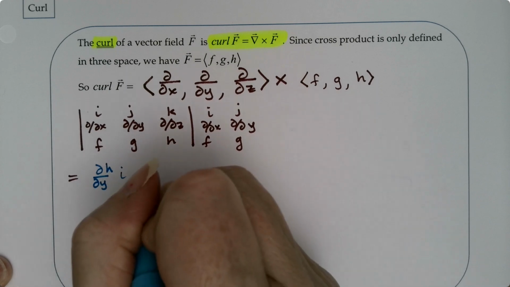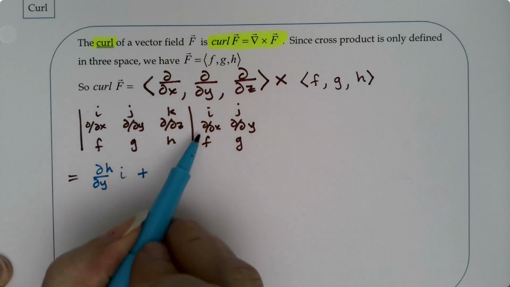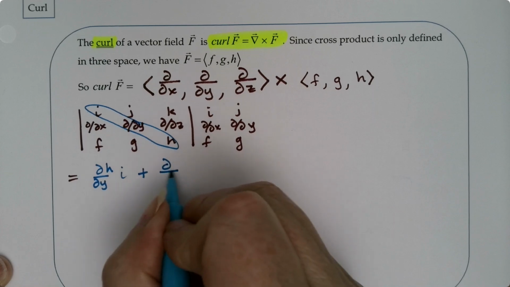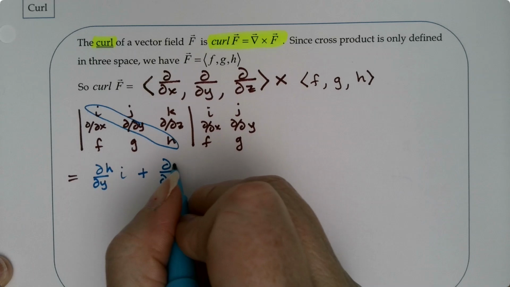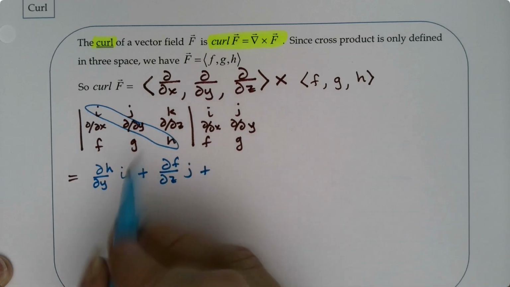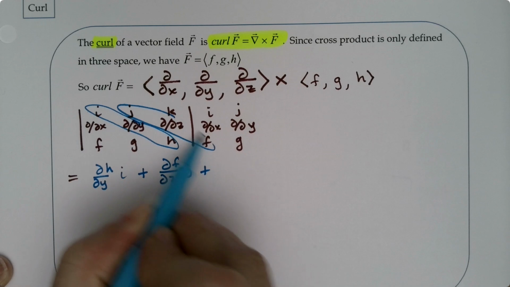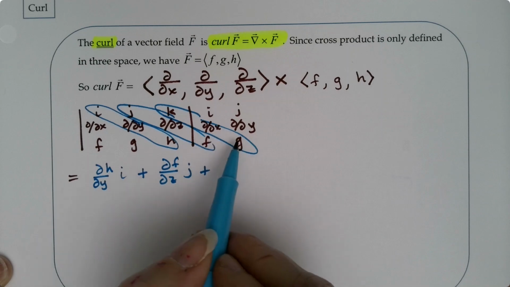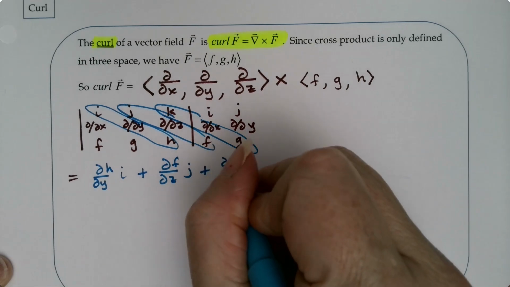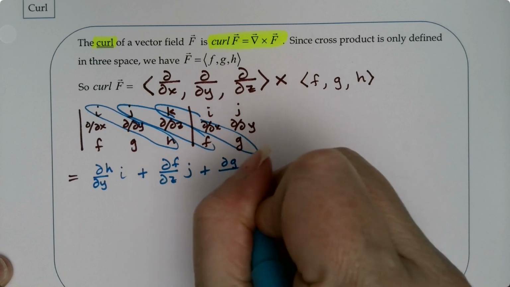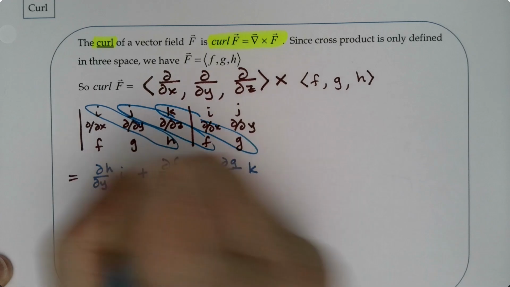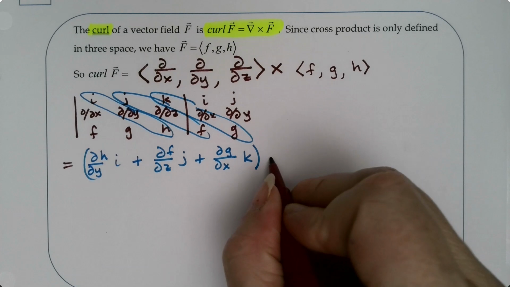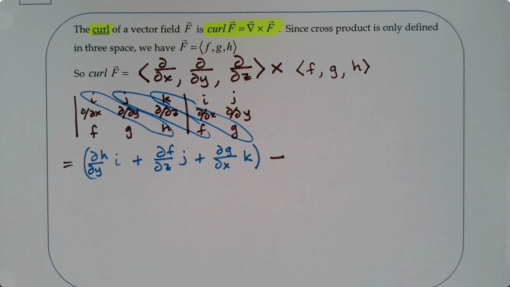times the i component, plus the j component. So that was i. J would be the del with respect to z of f, plus the del with respect to x of g for k. All right, there are the first three pieces. Now we're going to subtract, and we have to do all of them in reverse.